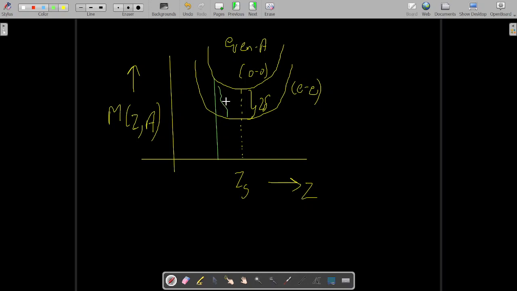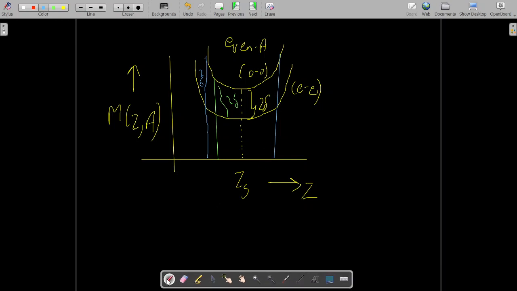It is going to remain constant everywhere. Although in the figure it does not look like that, it is going to remain the same everywhere. Similarly, if you draw over here also, this will be 2 delta.